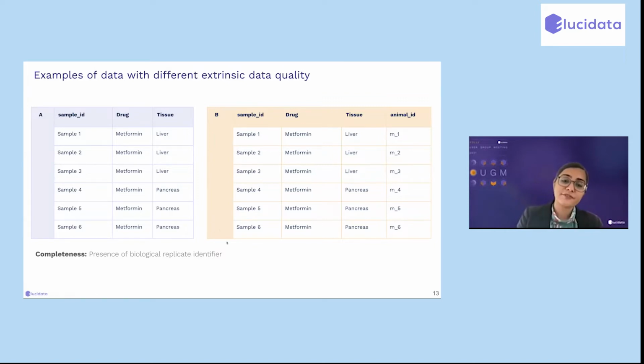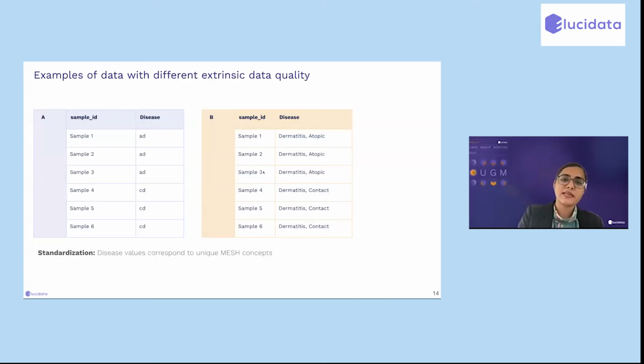And if this is my definition of completeness, then data on the left do not meet my quality criteria, but data on the right do. If my completeness criteria was something else, for example, presence of a sample identifier, then both of these data will meet that quality criteria.